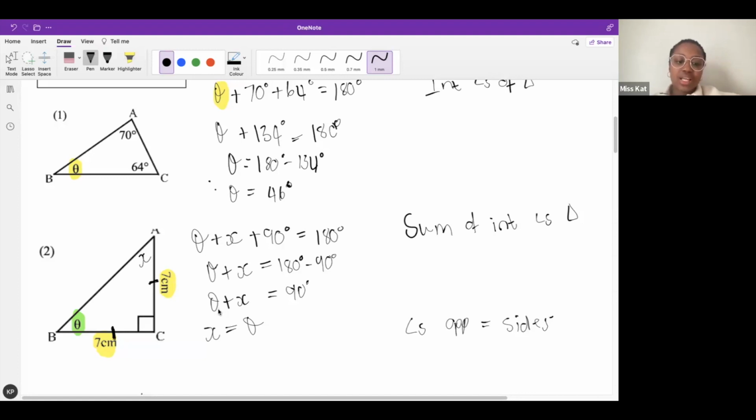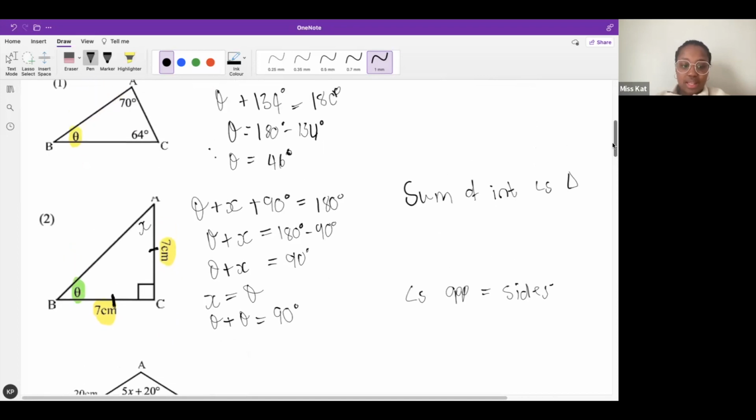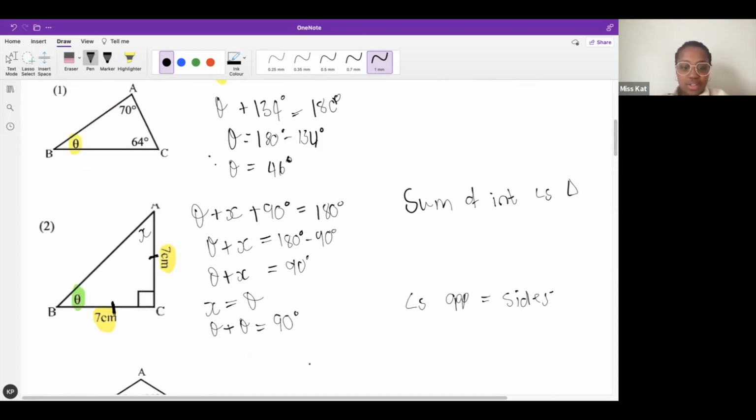So if theta is also X, can't we just substitute theta where you see X? So it's theta plus theta is equal to 90. And now we have like terms, ma'am, we can say 2 theta is equal to 90.